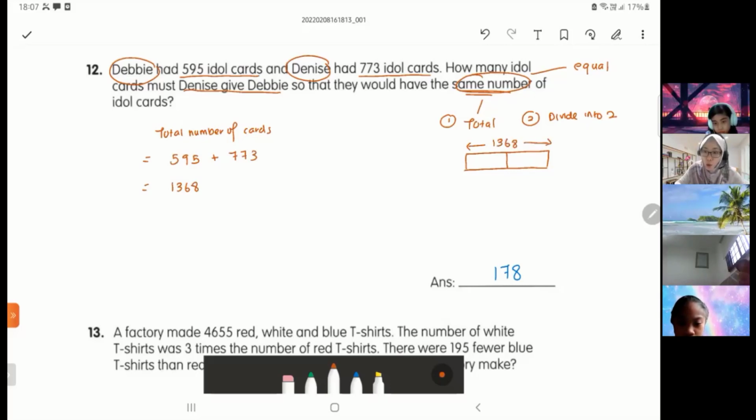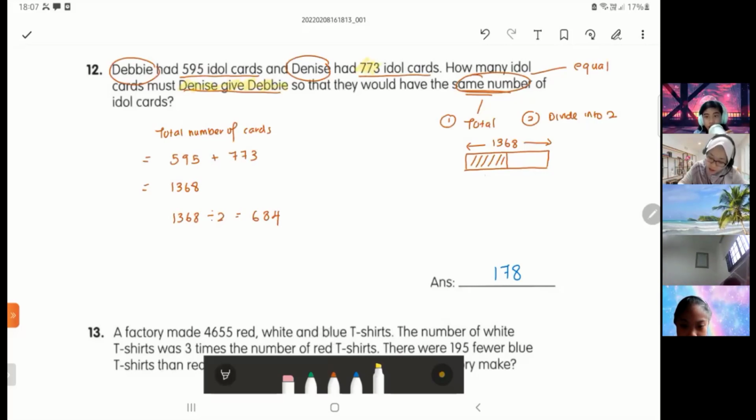I want to know each of these parts, how many? So 1368 divided by 2. That's the next step I need to do, right? We get 684.